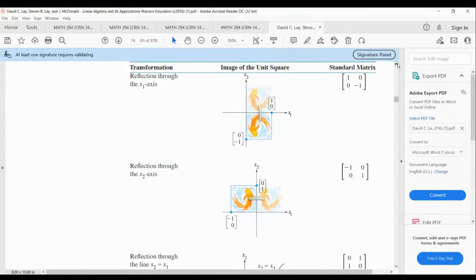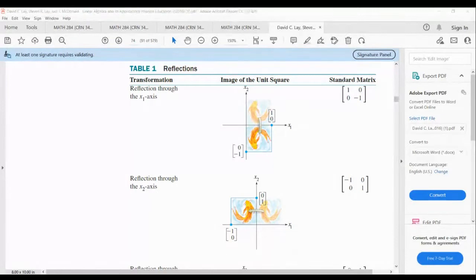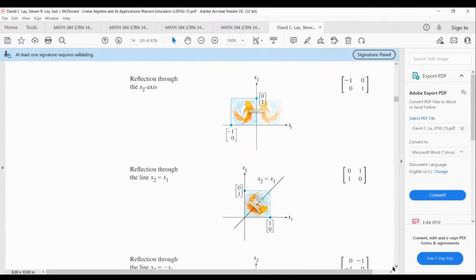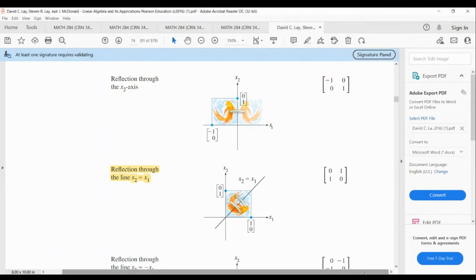There we go. So this is table 1 at the end of section 1.9. And here is the reflection about the line x2 equals x1. Sorry, one moment. Okay, sorry.